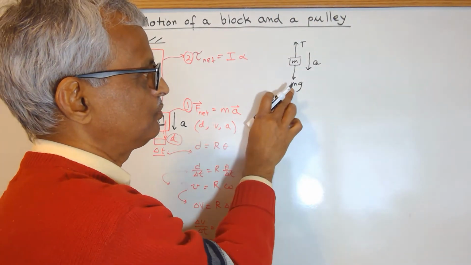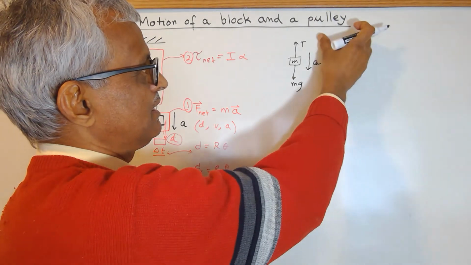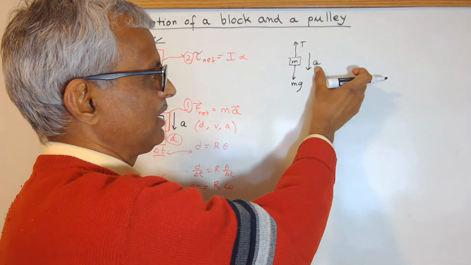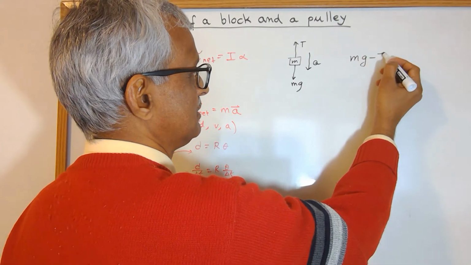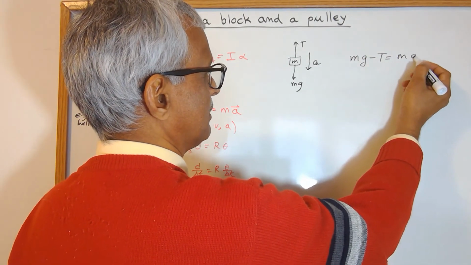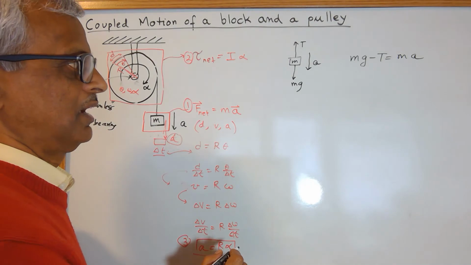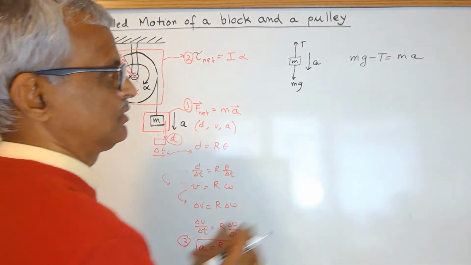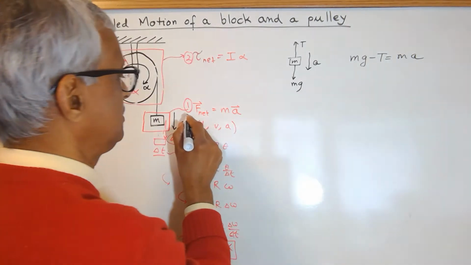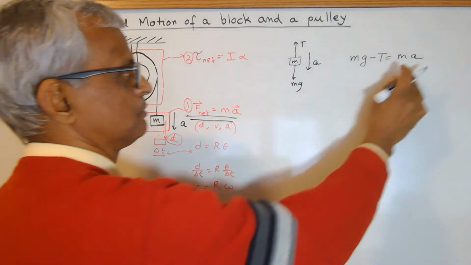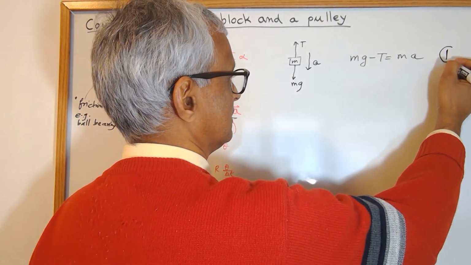You can see this force must be greater than that force by ma. So I can just write mg minus T equals ma. These are all magnitudes. A is supposed to be a positive number here. So equation 1 actually becomes just this.